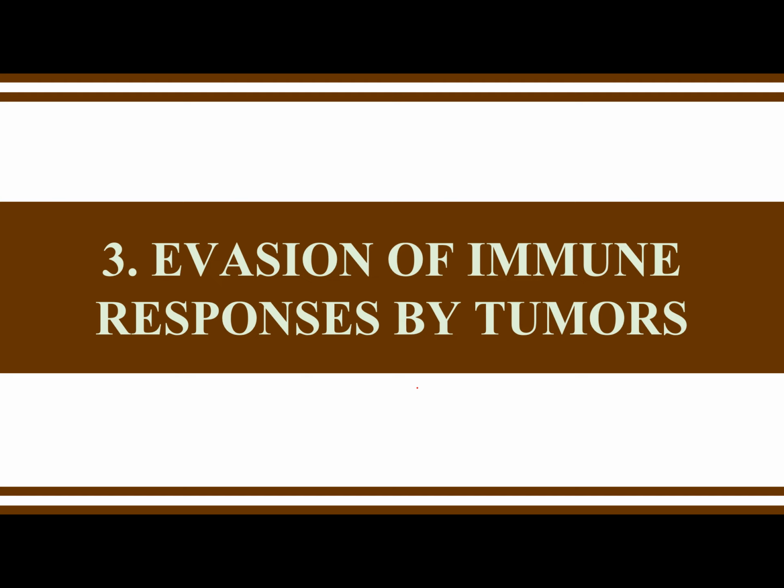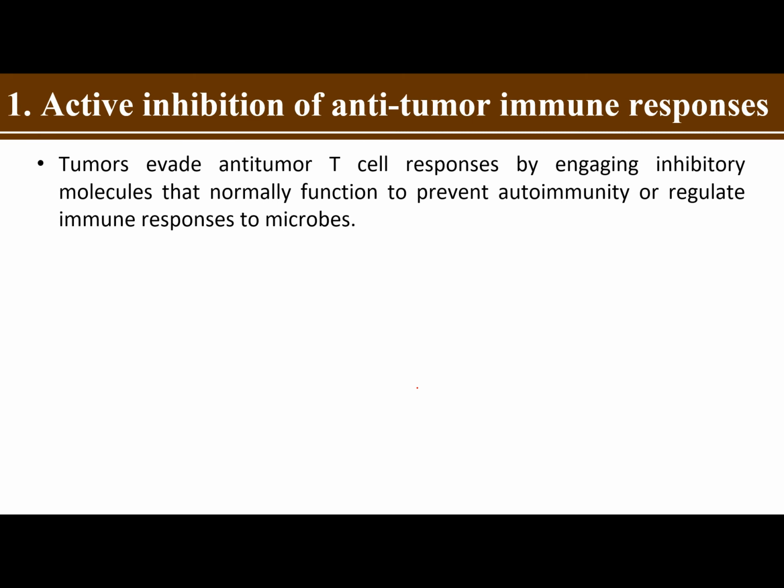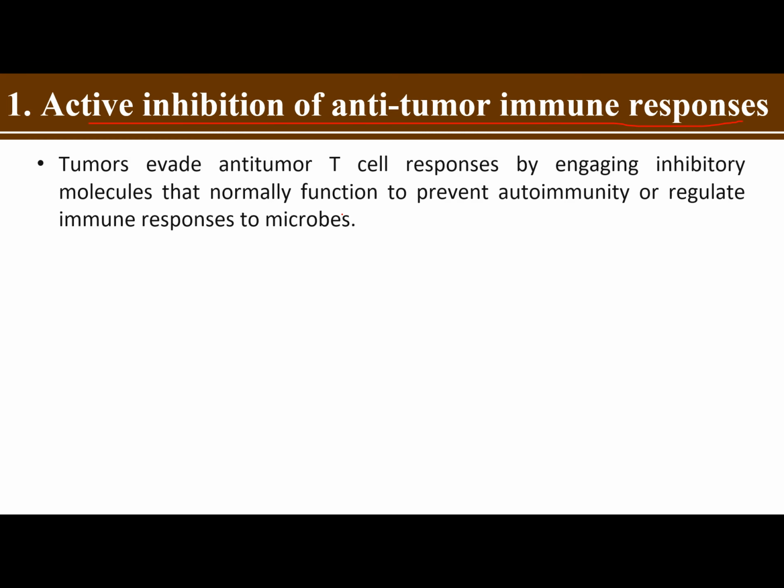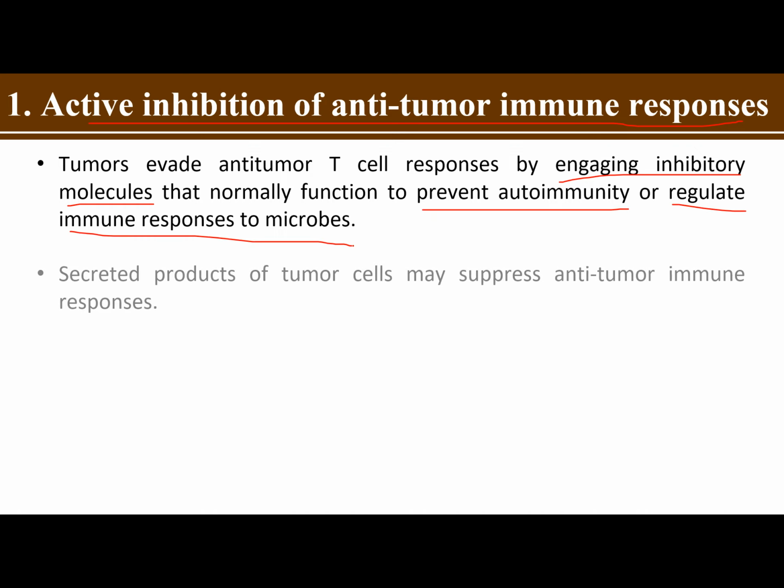And then how would the different tumors evade the immune response? These are the mechanisms mentioned earlier. The first one is the active inhibition of the anti-tumor immune response. Tumors would evade the anti-tumor T cell response by engaging inhibitory molecules that would normally function to prevent autoimmunity or regulate immune response to microbes.